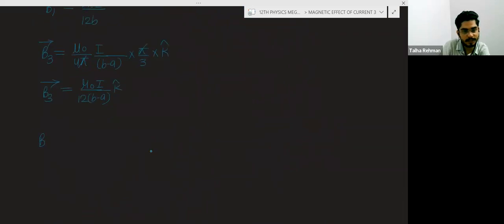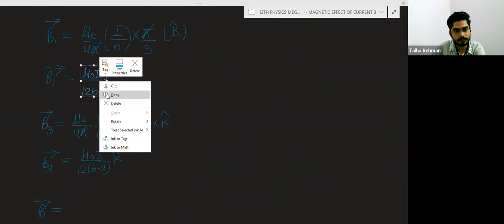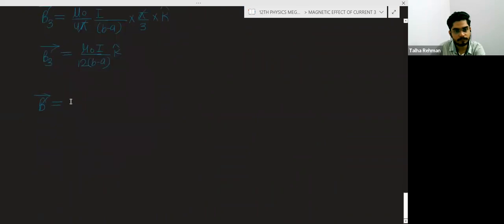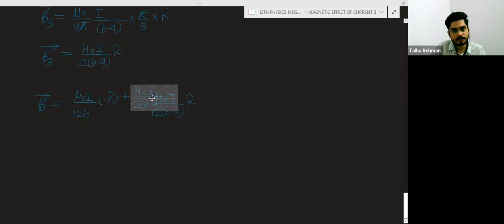So finally B is equal to B1, mu naught I by 12B, and this is minus k cap, plus mu naught I divided by 12 (B minus A), this is k cap.